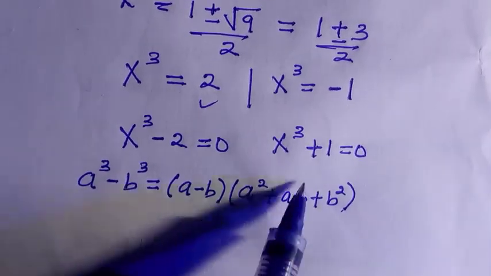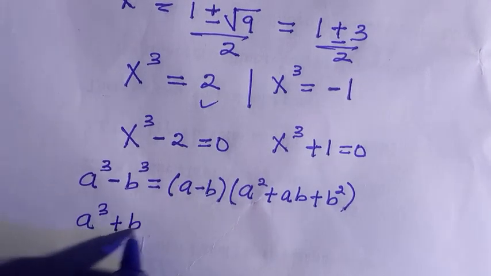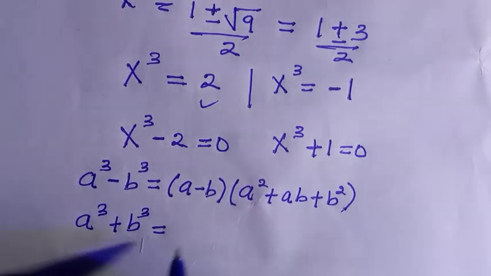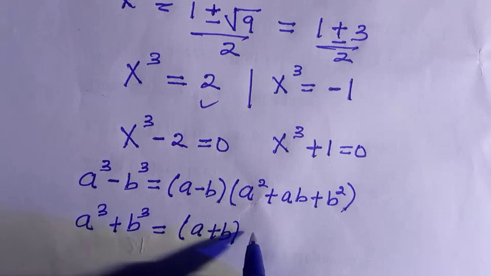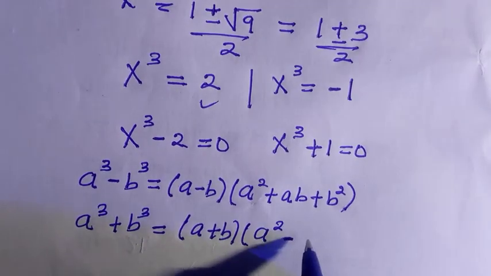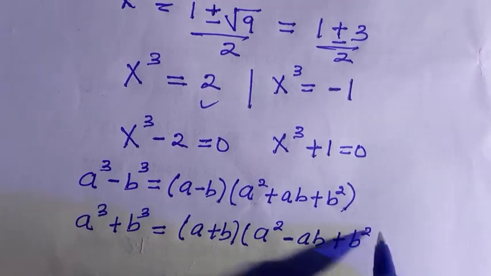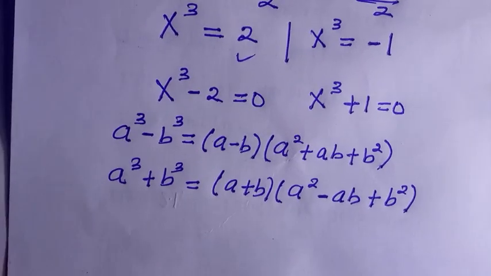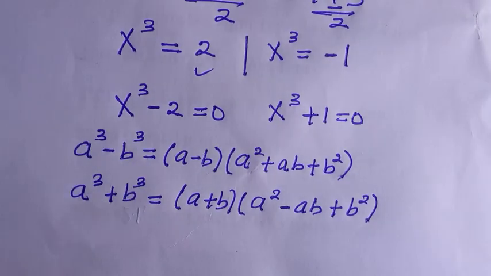While for the sum of two cubes, we have a raised to power 3 plus b raised to power 3 equals a plus b, bracket, a square minus ab plus b square. So we're going to use the first identity to deal with the first one, then later the second one.